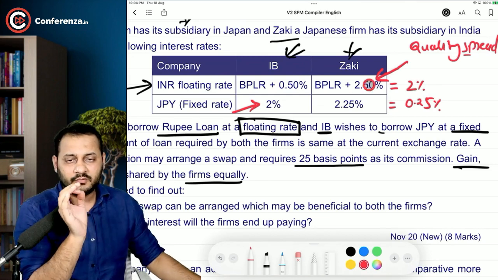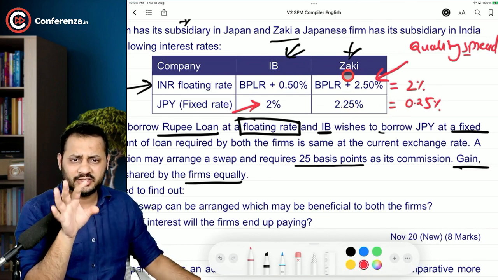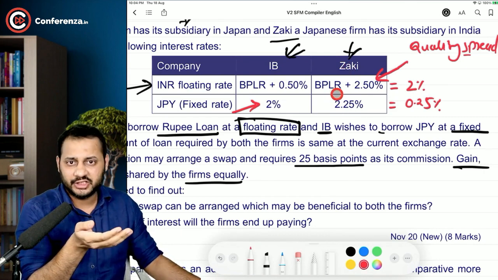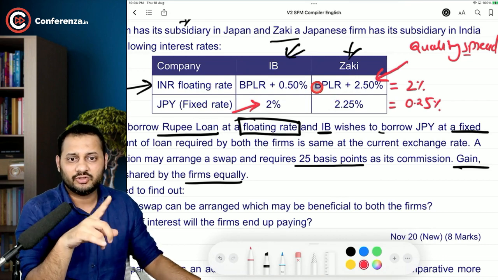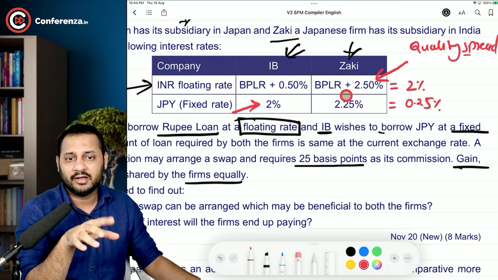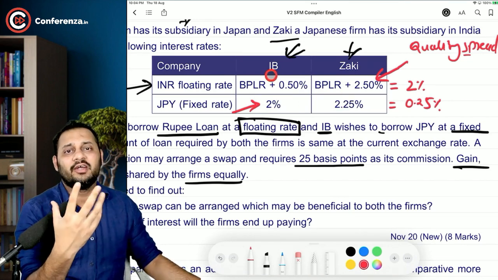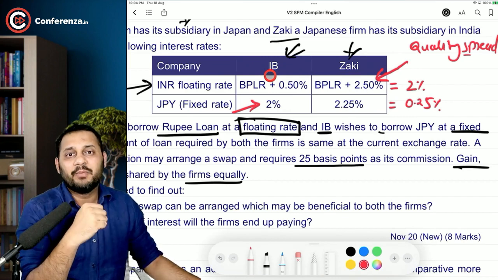So it is costing 0.25% higher to Zaki. Obviously, the credit rating of Zaki might be lower, and that's why no matter which type of rate it wants to borrow, whether floating or fixed, it is costing him more than IB. And IB is enjoying the advantage of having a good credit rating, or we can say comparative advantage.